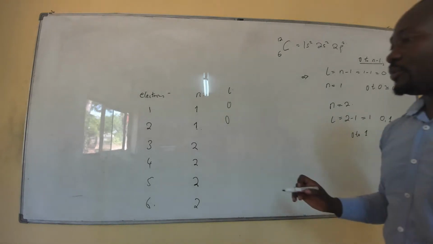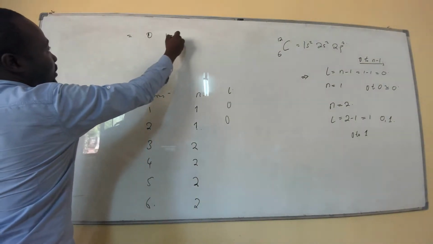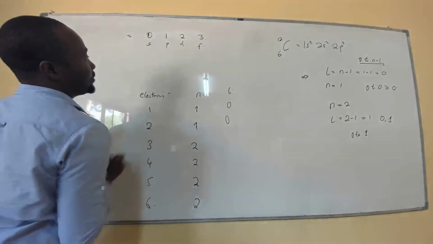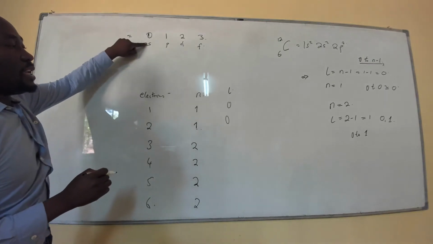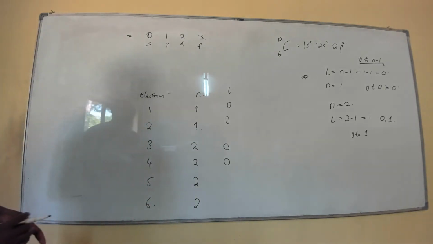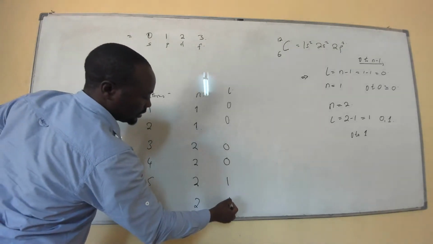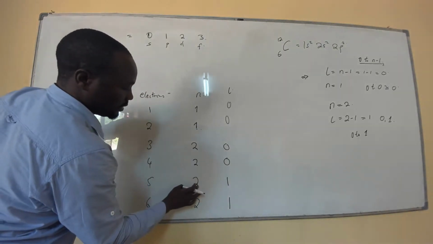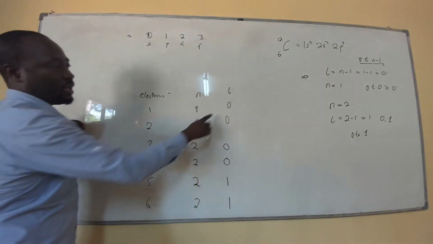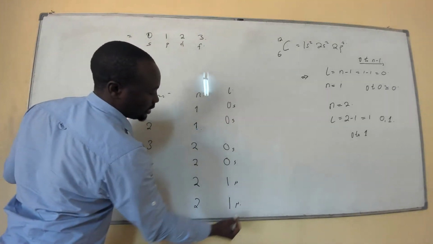From what we looked at, 0, 1, 2, 3 correspond to S, P, D, F. So 2 electrons are in the S here, so you have 0 and 0. And 2 electrons are in the 1, so we have 1 and 1. What it means is that these electrons are in the S, S, P, and P.